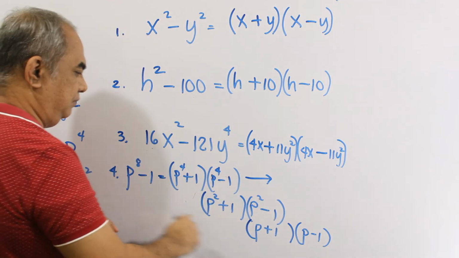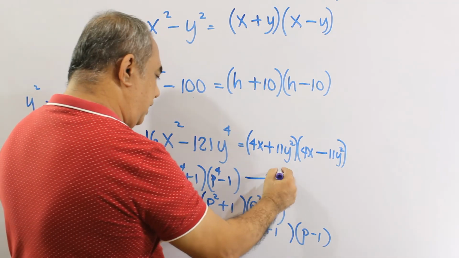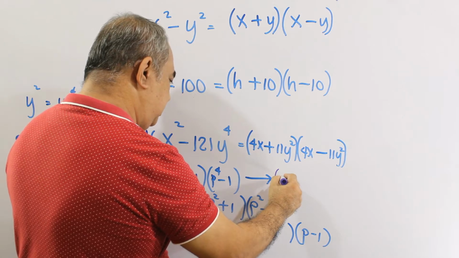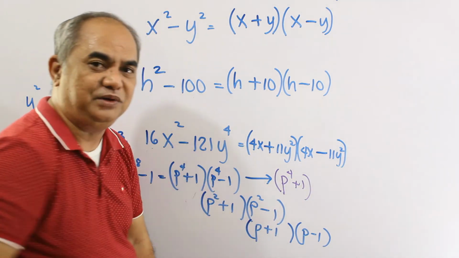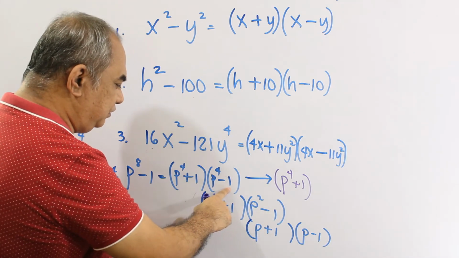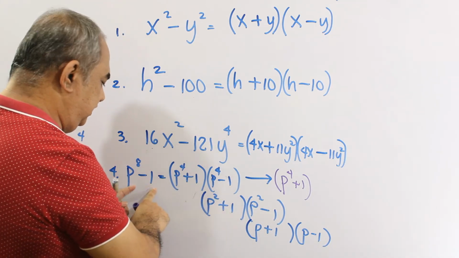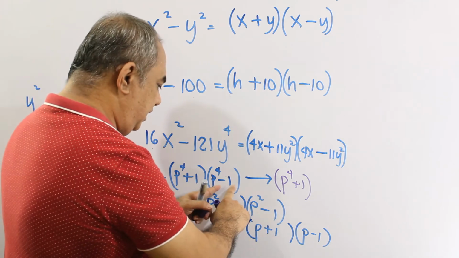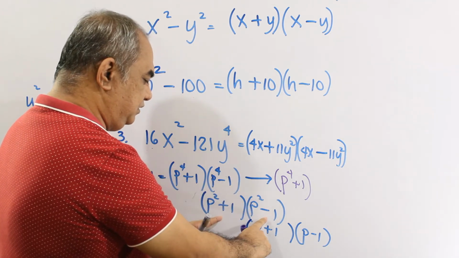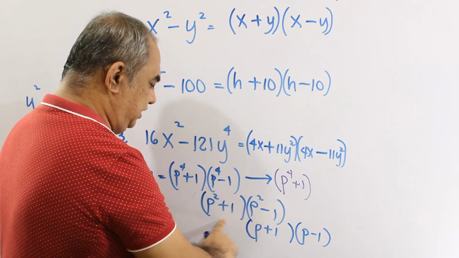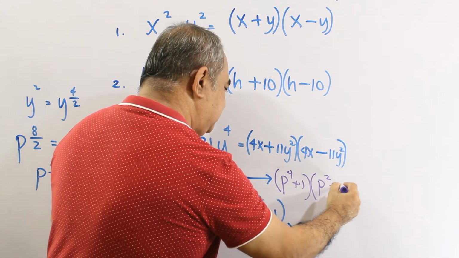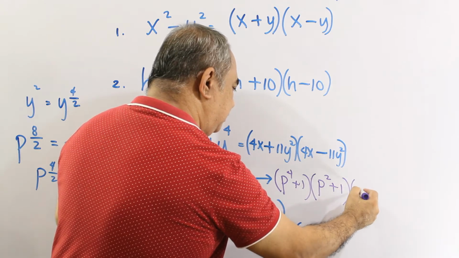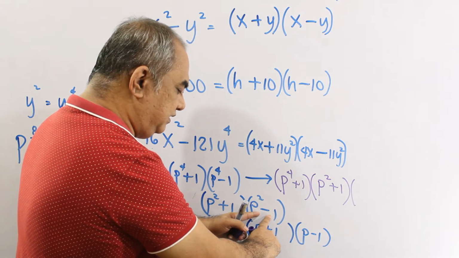So, we have the solution here, and we're going to write the final answer for this problem. We're going to copy this as our first factor, p to the 4th plus 1. Now remember, we factored this, which is the factor of this binomial. So the factored form of this will be this expression. So we have here p squared plus 1 and another. We're not going to write this anymore.